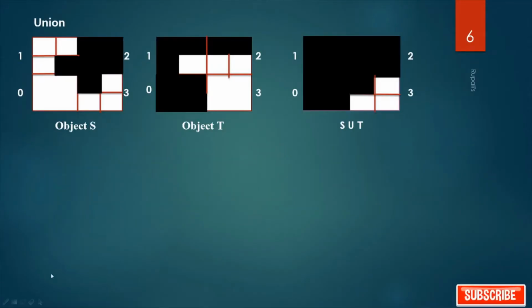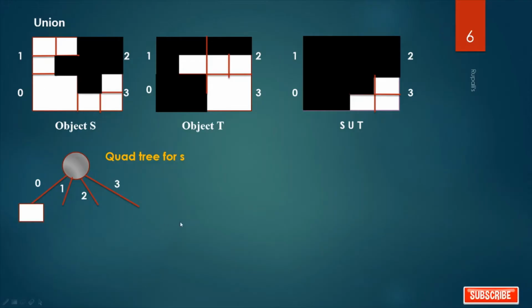Now, I want to draw the quadtree for object S. This object is totally partially full, represented by grey. Now, 4 quadrants are there, 0, 1, 2 and 3. First the 0th quadrant is empty, so represented by white. 1 is partially full, represented by grey. 2 is full, so represented by black, and 3 is partially full.